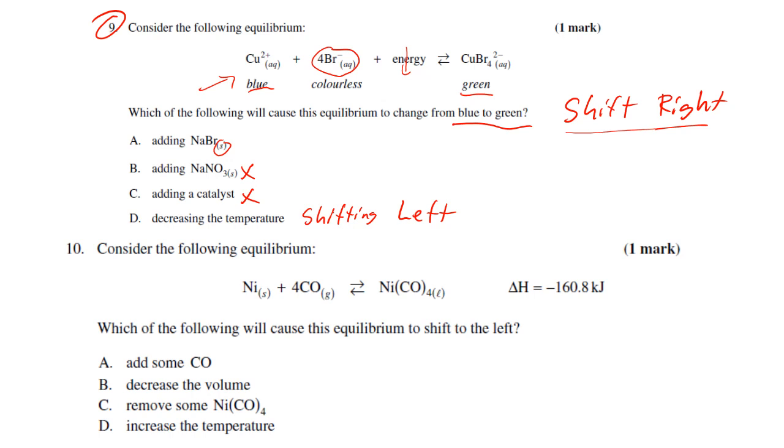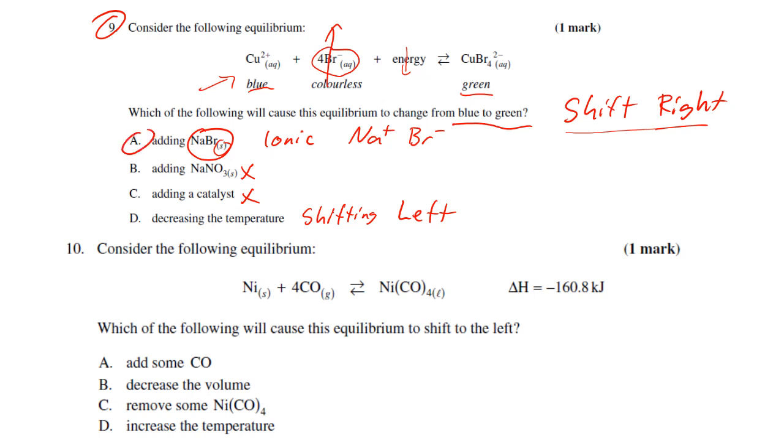Remembering from Science 10, NaBr is ionic, and that means it's made of Na plus and Br minus. So when you add NaBr into a solution, that Br minus is going to increase the Br minus, and that'll make it shift right. So A is the answer.